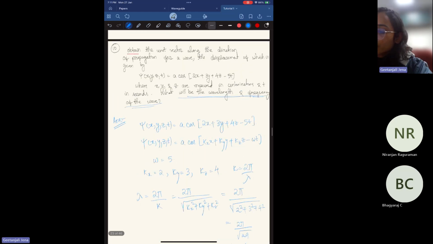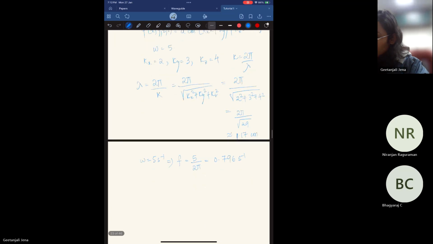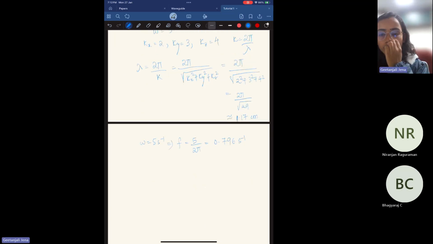And the question is what is the wavelength and frequency of the wave, as well as what is the unit vector along the direction of the propagation. So along the direction of propagation, we have the k vector. That means the unit vector will be k by mod k.